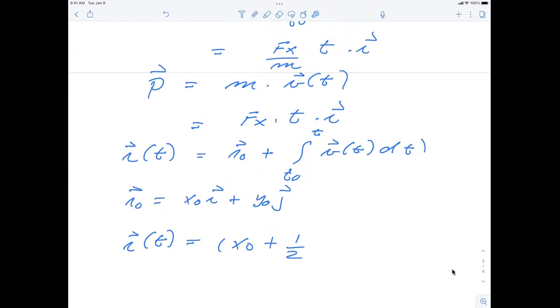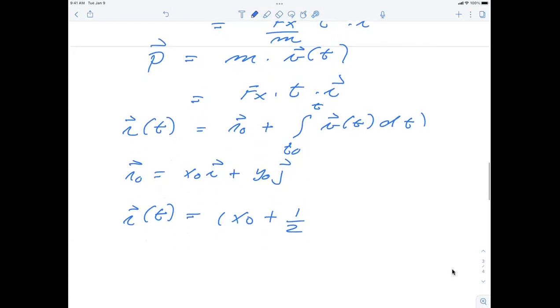So what I end up with is 1/2 times f of x divided by m. T0, by convention, we put to 0. That simplifies the calculations, obviously. And then we have t squared, multiplied with i, the unit vector in the x direction. And then nothing happens in the y direction. So this is just y0 times the unit vector in the y direction.